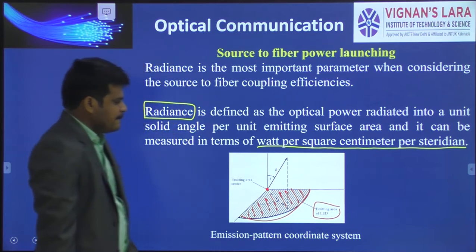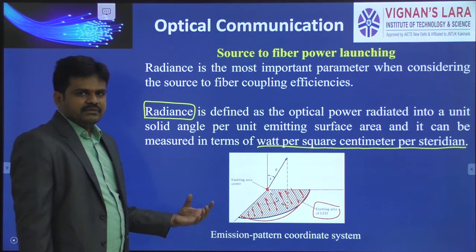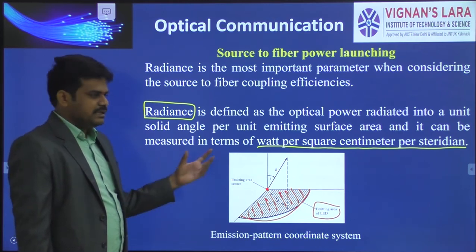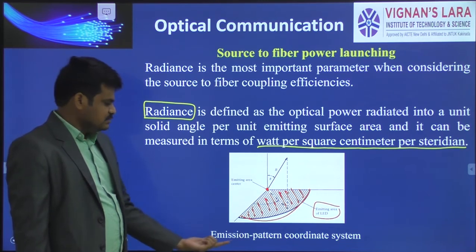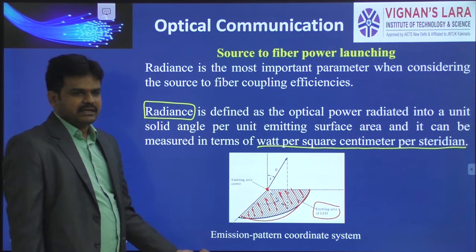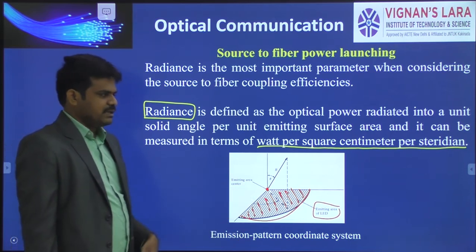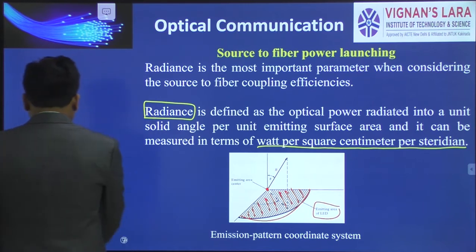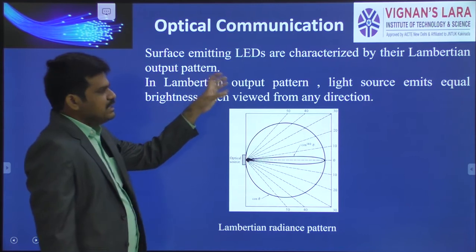Okay, so whenever we are considering the radiance, we need to express that in terms of certain patterns. For example, it is an emission pattern. If you go for the next one, the surface emitting LEDs.